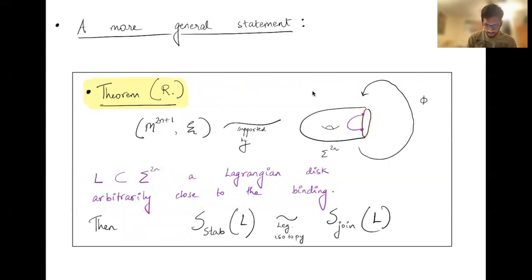In that case, we can define a stabilizing sphere from L and the join of L's in different copies similarly as before. And we can show that these two are in fact isotopic. And the previous case then follows.